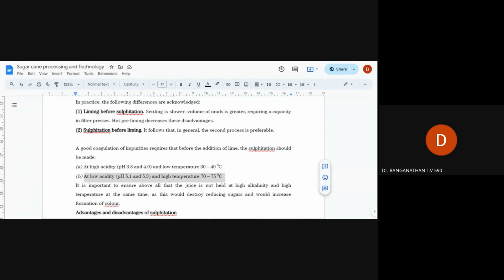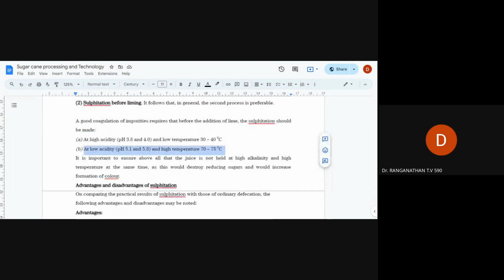Whereas when I add the acid first and then alkali, I am bringing down the pH to 4 and then coming back to a pH of 6 by the addition of calcium hydroxide. So this ensures that I don't go to a very high pH, which supports the degradation. Okay, so that is the thing.